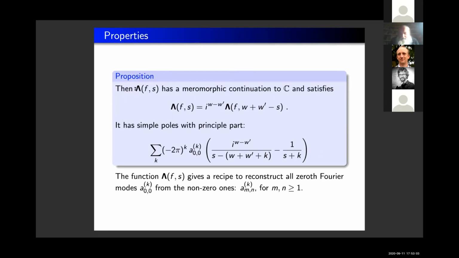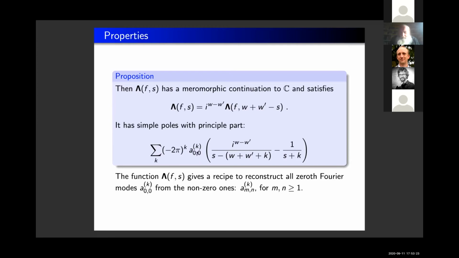So the statement is that this L function has a meromorphic continuation to the complex plane, and it satisfies the functional equation. All right, no big surprise there. It also has simple poles, and the principal part, in fact, gives back exactly all the zeroth Fourier modes.